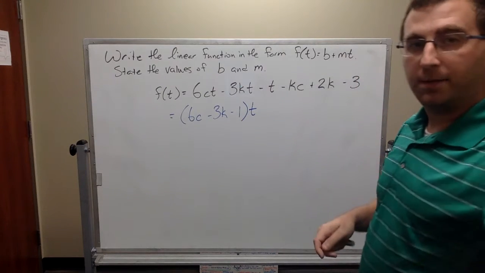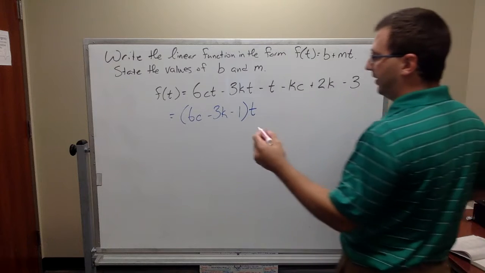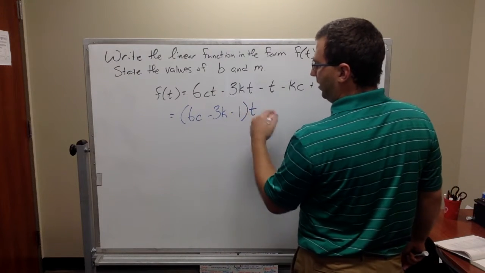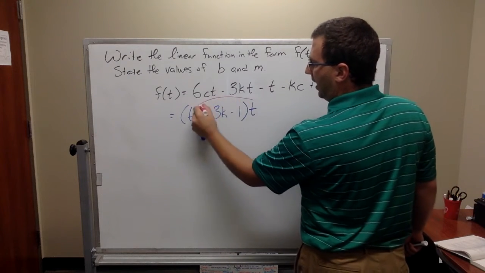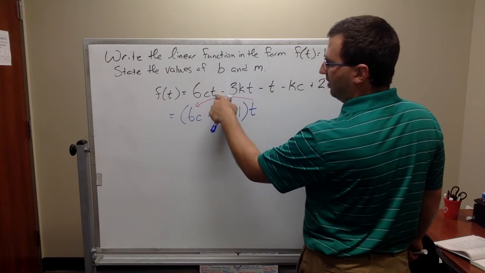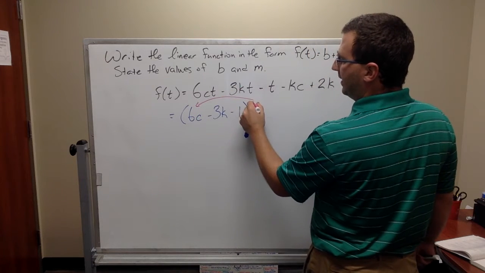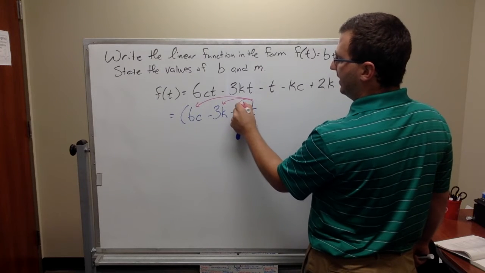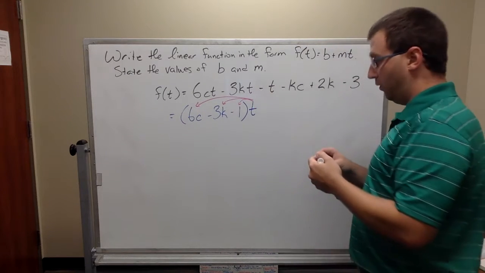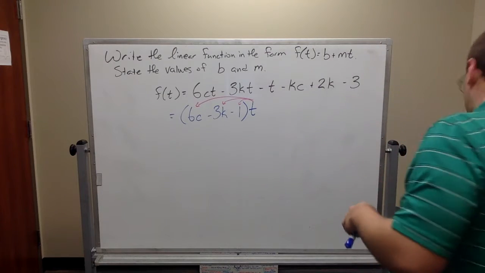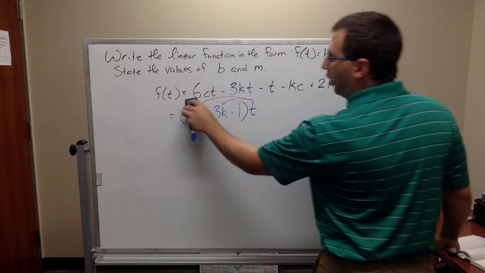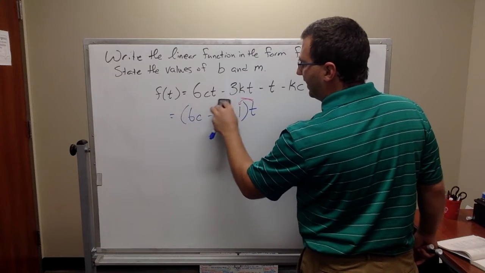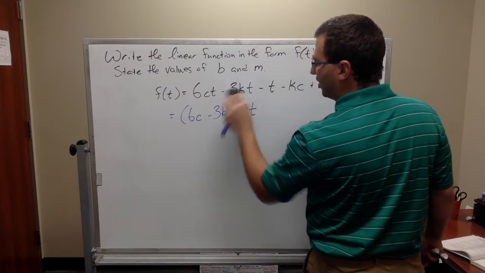As always, if you want to double check, distribute your parentheses back in. So t times 6c will get you 6ct, t times negative 3k gets you a negative 3kt, and t times negative 1, that's where that negative t comes from. So when in doubt, always distribute back in, double check yourself just to make sure.